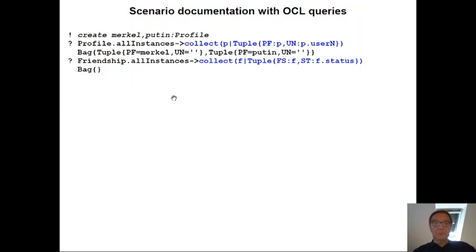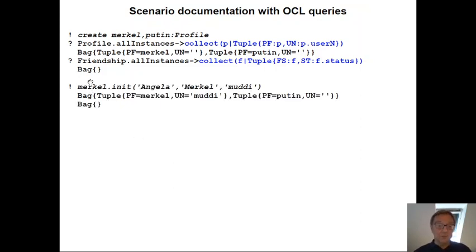The principle for the documentation here with OCL queries is that I issue the commands, and then I issue again these two OCL queries, and then I look at the results, and the results of the queries show how the system state has changed.